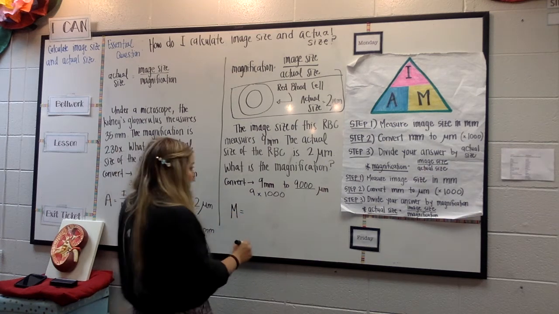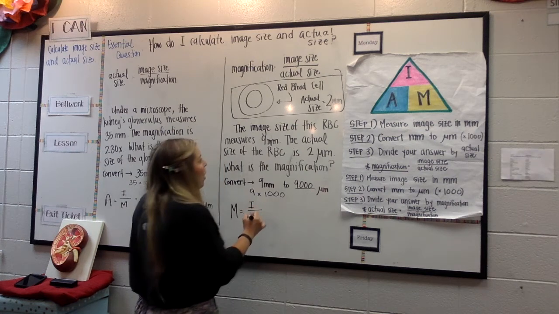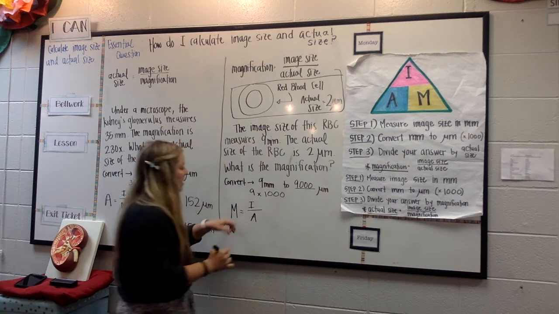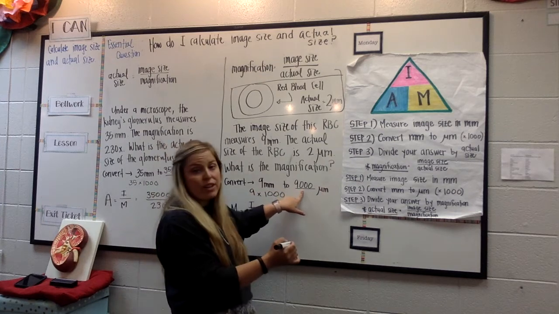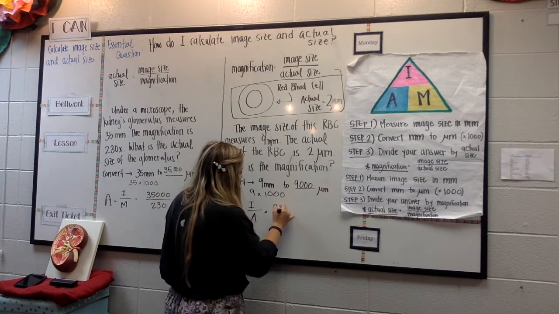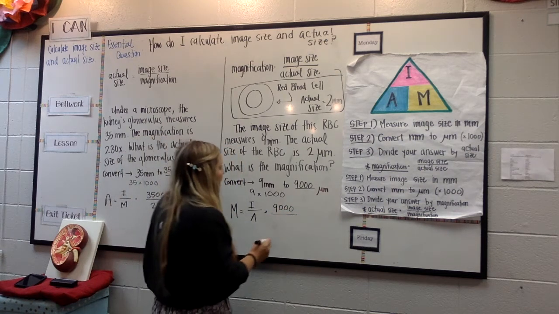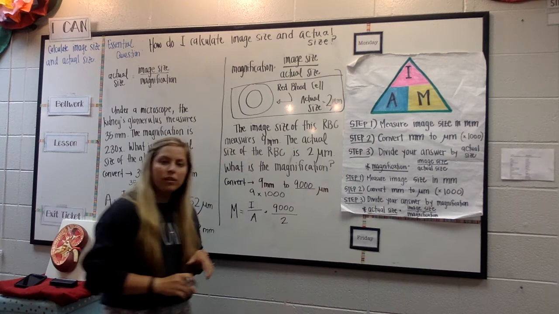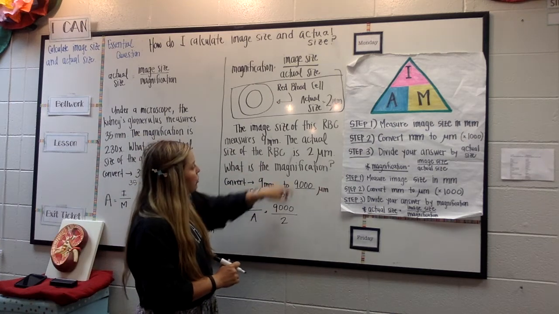So magnification from our triangle is image size over actual size. So M equals I over A. Now my image size, which we have converted to micrometers, is 9,000 over the actual size, 2. Okay, because we get the 9,000 from our conversion, and then 2 micrometers.